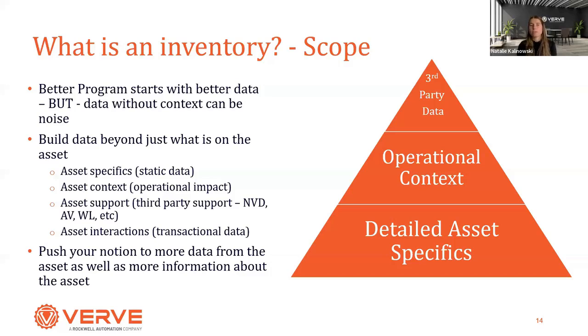And then, like Rick mentioned, we have to consider the third-party support, which is where we're looking at information on all these assets and mapping them to these exploits and vulnerabilities based on metrics coming from databases like the National Vulnerability Database or CISA alerts, information coming from AV and whitelisting status. So when you consider all these interactions, going from the high level and digging deeper into these devices, that's how we figure out how a single device can affect your OT environment all around it.